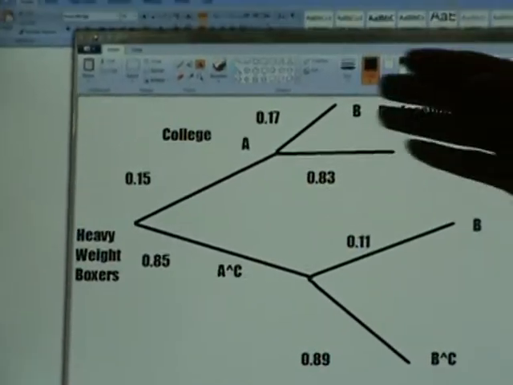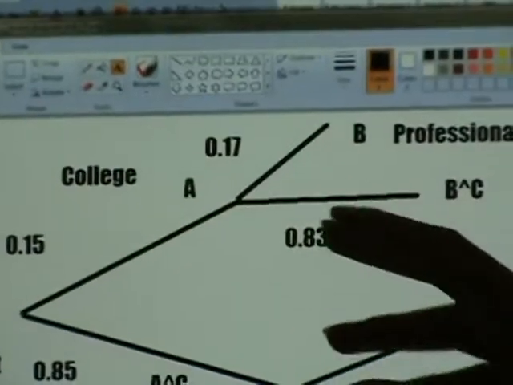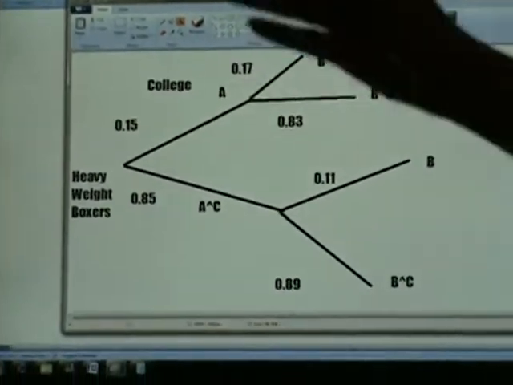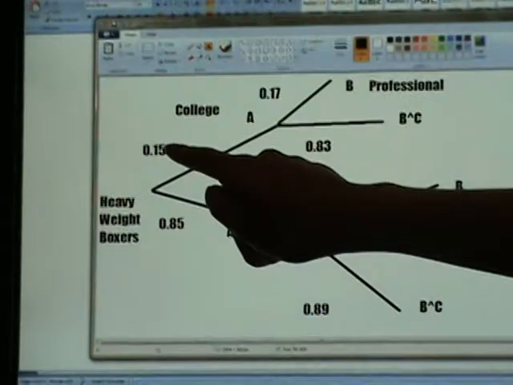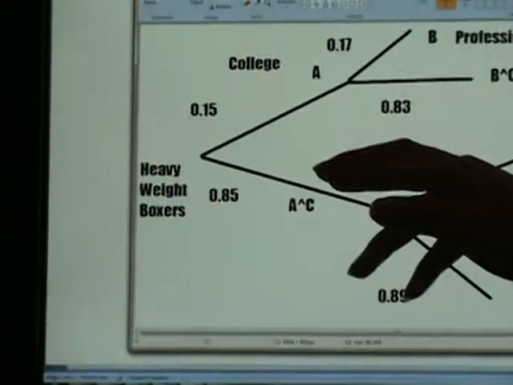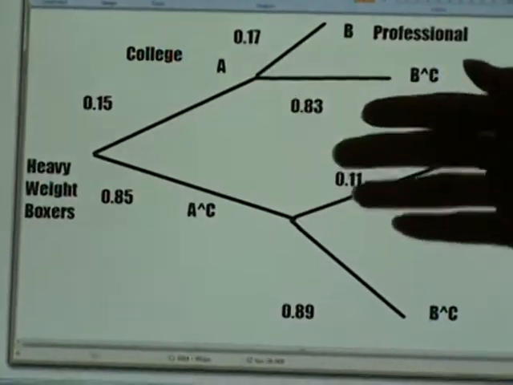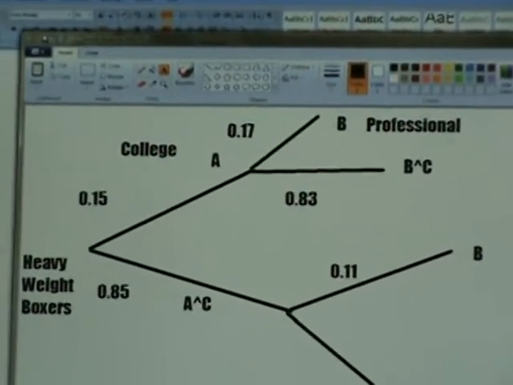Over here in section A of the tree diagram shows the percentage of people in college who are heavyweight boxers, which is 15%. 85%, A complement, are the percentage of college students who are not heavyweight boxers.